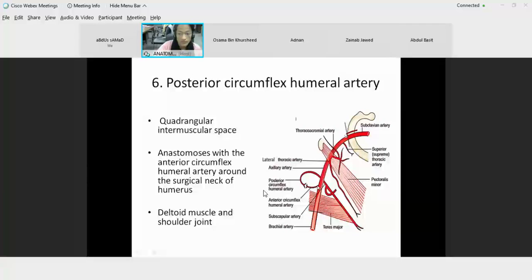So anterior circumflex passes in front of the surgical neck of humerus, and posterior circumflex passes in the posterior aspect, and both of them anastomose with each other. This posterior circumflex humeral artery is supplying the deltoid muscle and the shoulder joint.